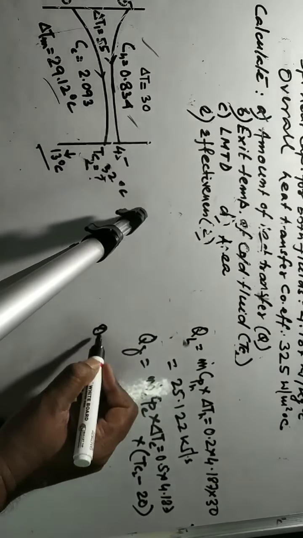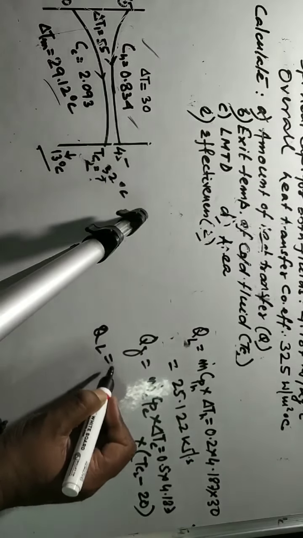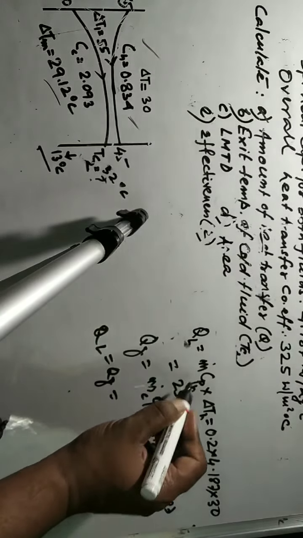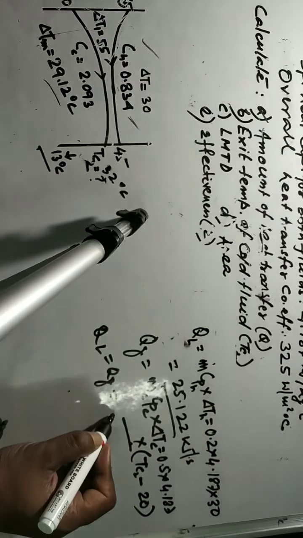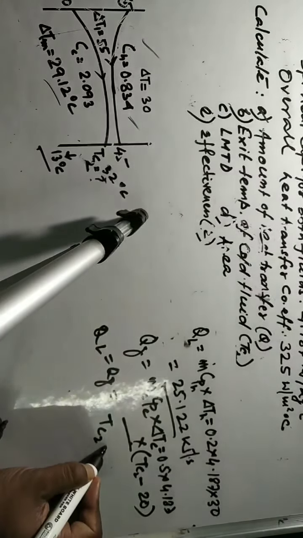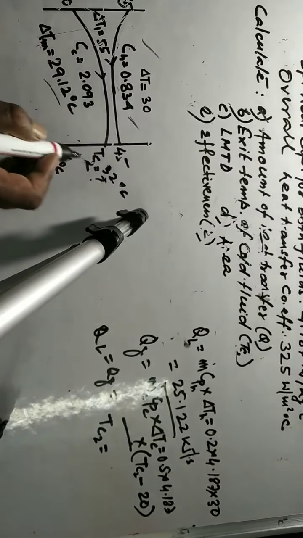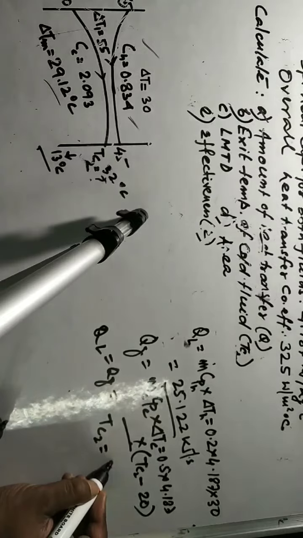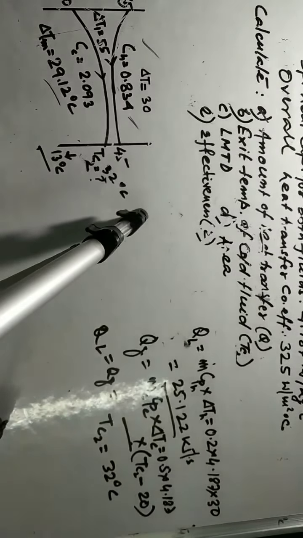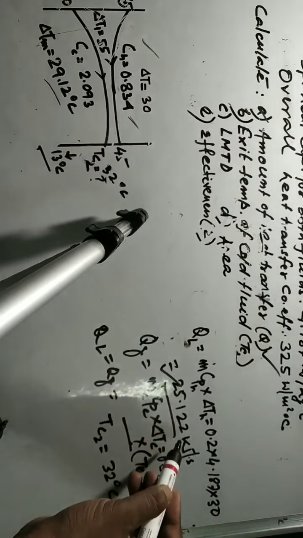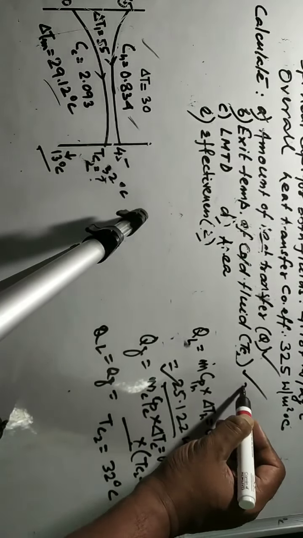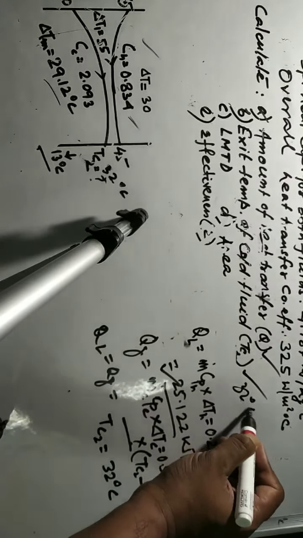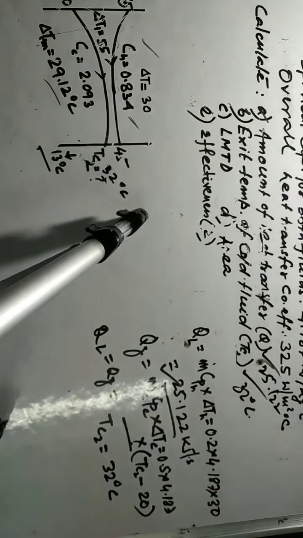If you equate heat loss equal to heat gain, you will get the exit temperature of the cold fluid TC2, that will be 32 degrees centigrade. So you got an exit temperature of 32 degrees centigrade. Amount of heat you got 25.122, exit temperature 32 degrees centigrade. So these two parameters you got.